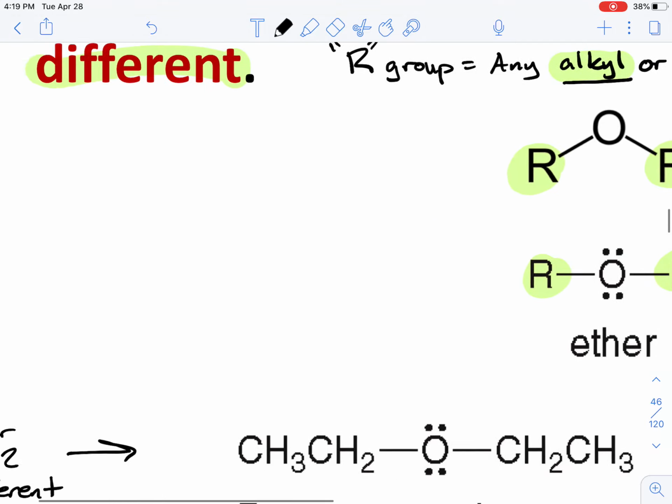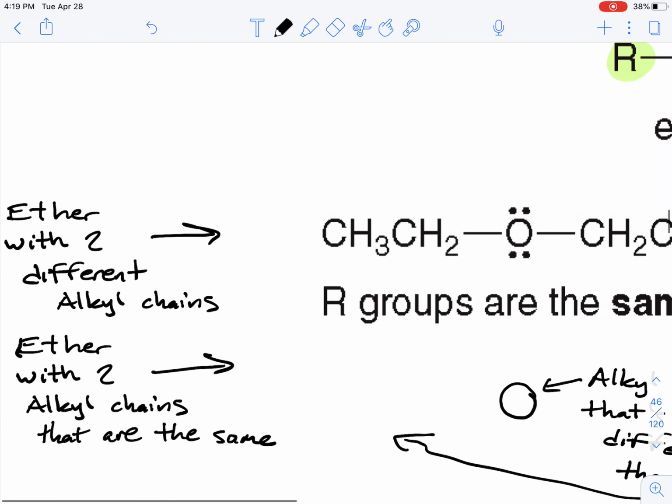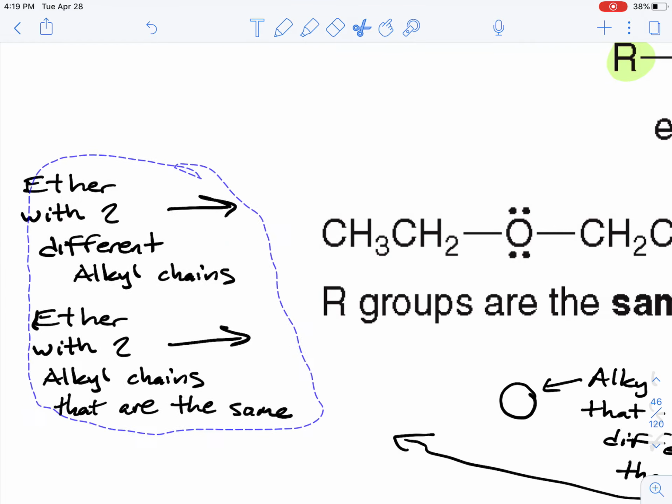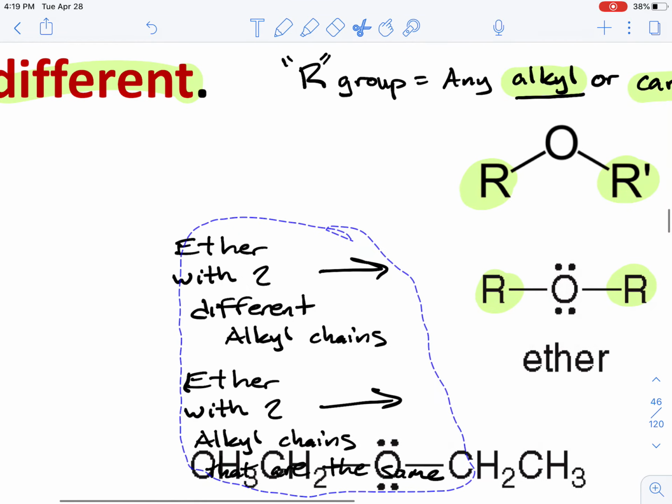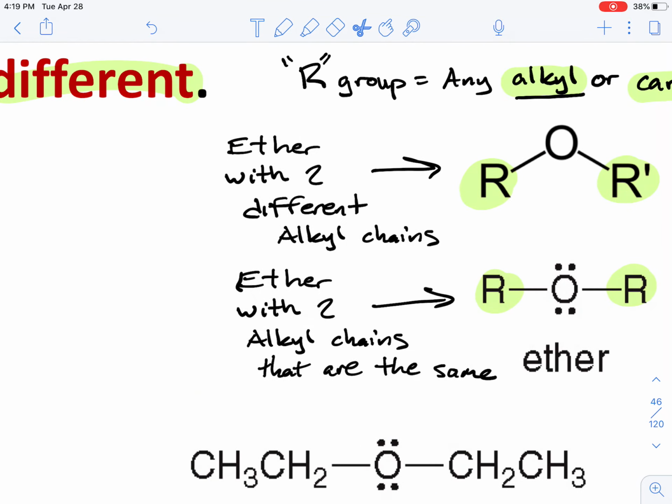I'm going to copy and drag some of this stuff here that I already wrote before. If you have an ether that's abbreviated with R and R prime, this little apostrophe looking thing is known as an R prime.